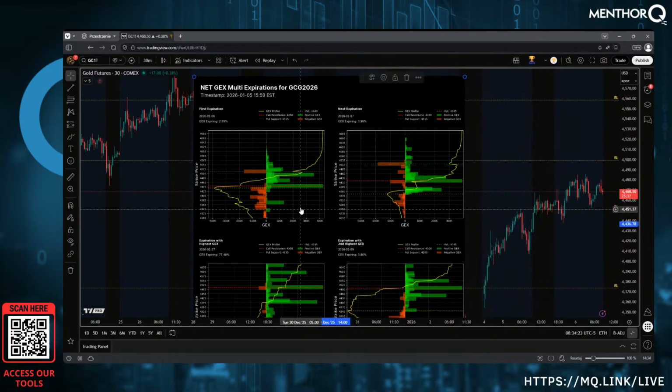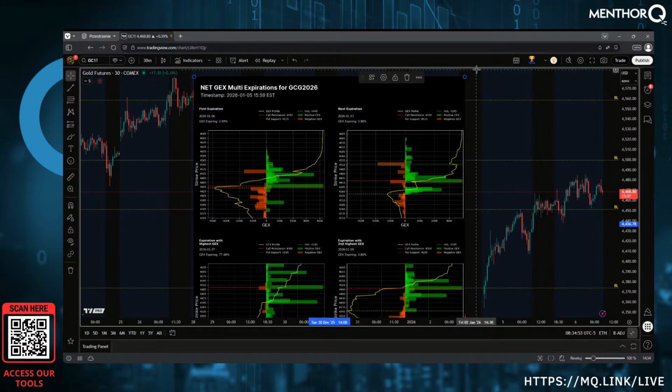The nearest gamma expiration, near 3% expiring, is 44.50, 45. Our main strike positive gamma regime is sitting above 44.45 plus minus. If we drop below, then we are sitting in a negative gamma regime, extended moves, and the first support is sitting around 43.70.